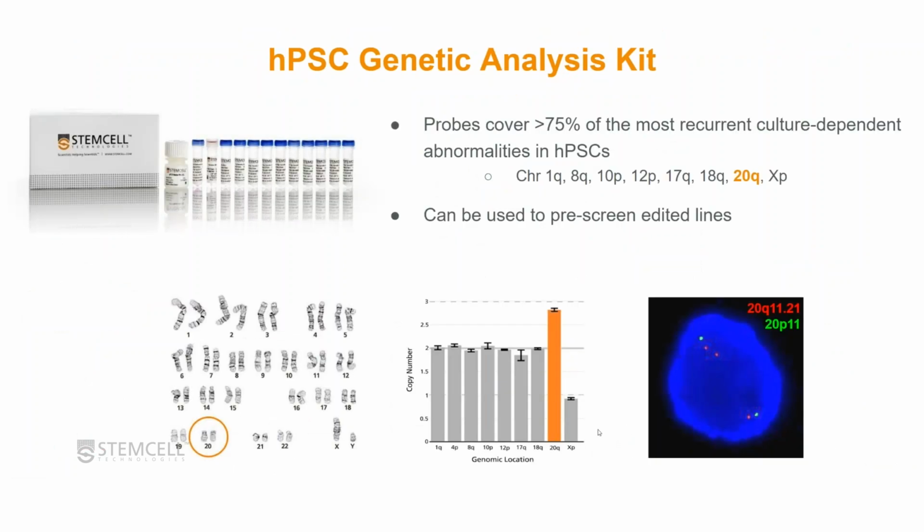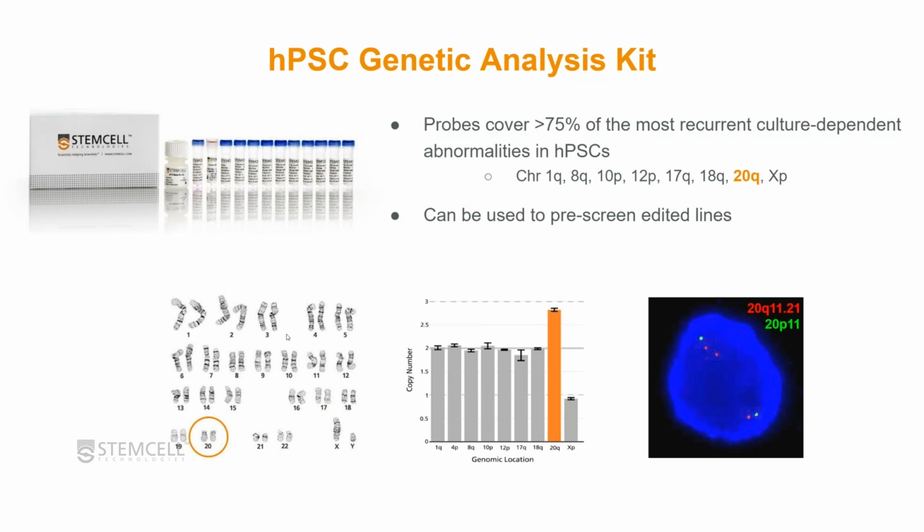And so last year, we launched a qPCR-based kit known as the hPSC Genetic Analysis Kit, which contains primer probe sets that cover 75% of the most recurrent culture-dependent abnormalities in human pluripotent stem cells, including primer probes to detect 20q amplification.